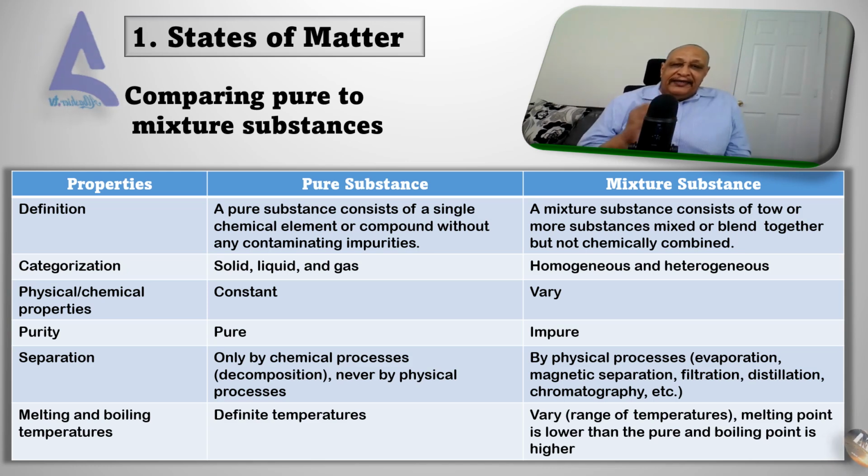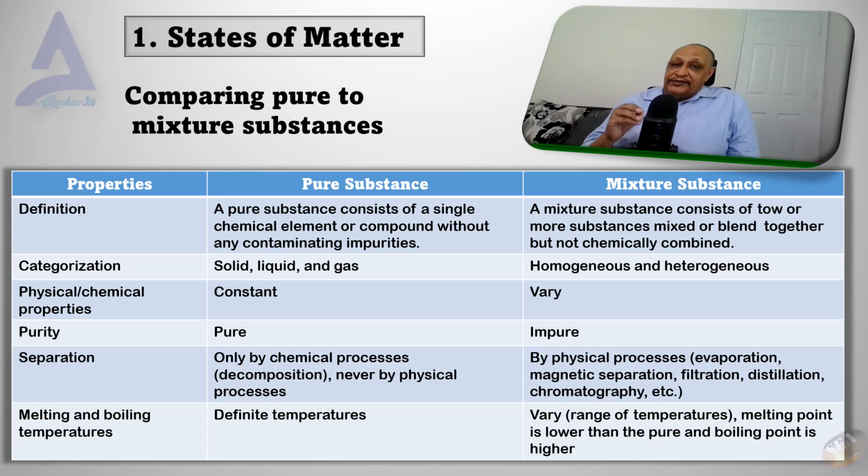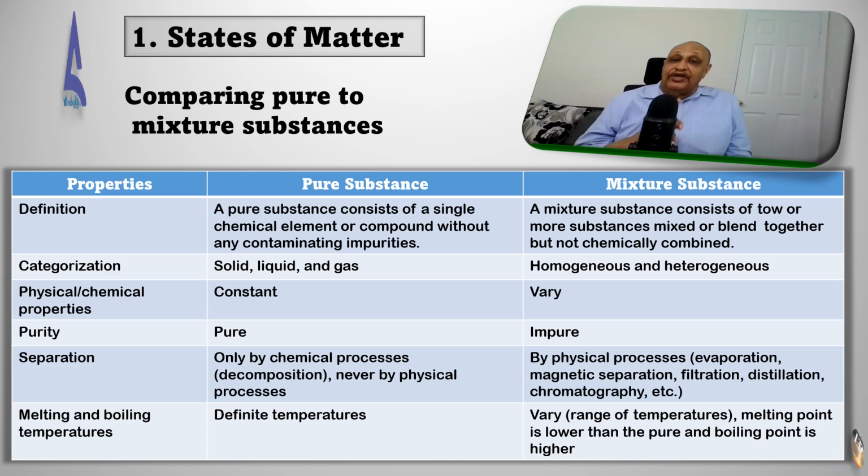If we define each of them, we can say a pure substance consists of a single chemical element or compound without any contaminating impurities. At the same time, on the other side of the aisle, a mixture consists of two or more substances mixed or blended together but not chemically combined. So here we have a major difference.